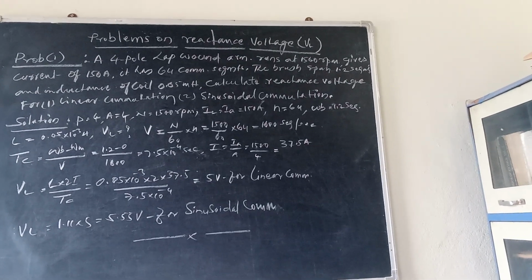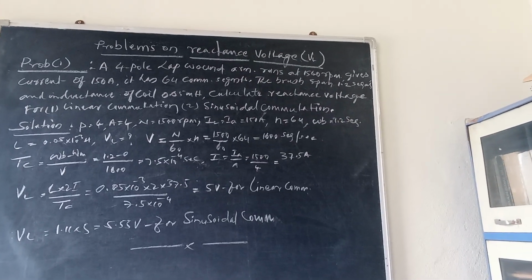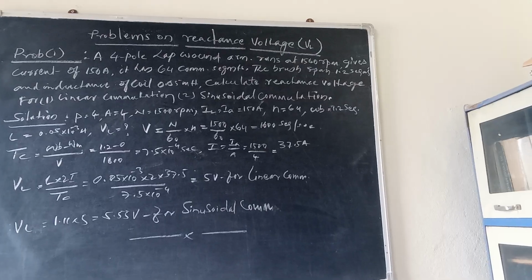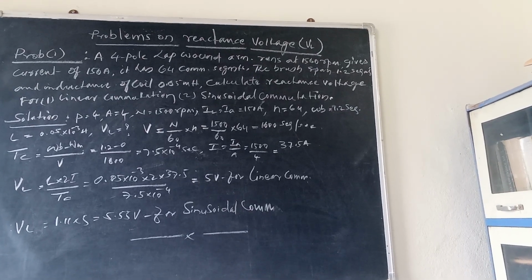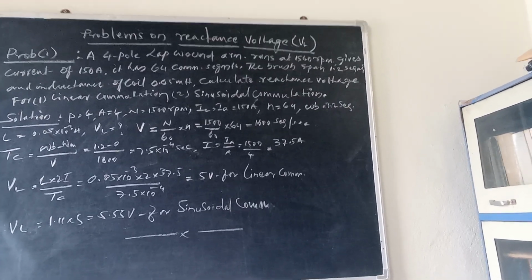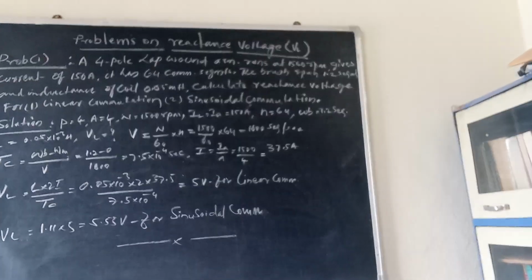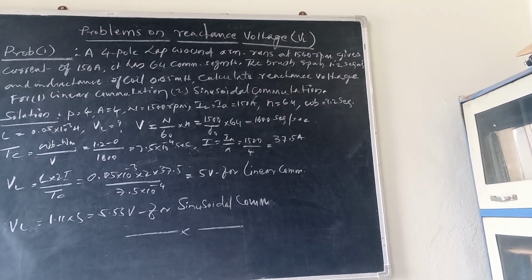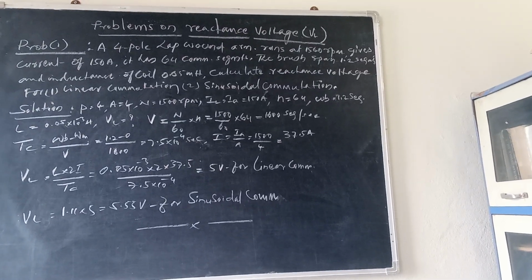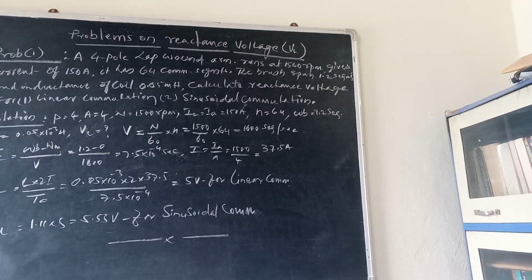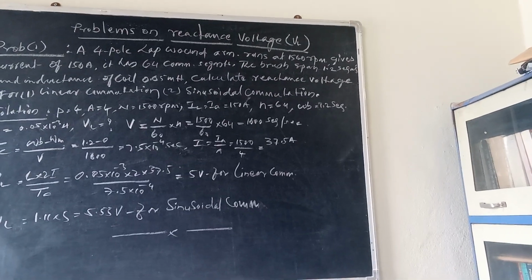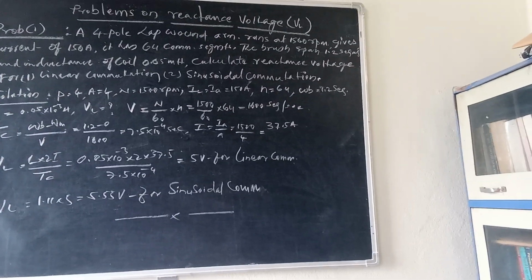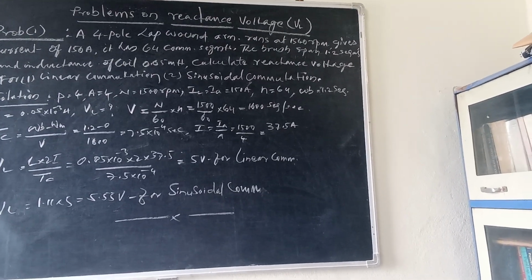Then commutation period Tc is equal to Wb minus Wm divided by V. Wb is 1.2, whereas the mica insulation Wm is not given, so it should be assumed as 0, divided by the calculated velocity V, which is 1600. Simplified, you will get 7.5 into 10 to the power of minus 4 second.